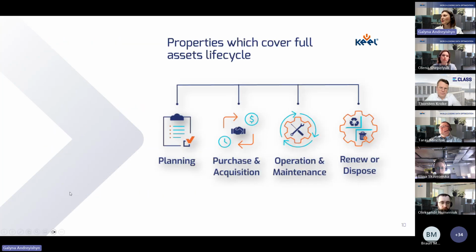One more thing I would like to mention, and we mentioned properties previously. ECLASS properties are not only created for a single task or a single department. They are designed to support the entire asset lifecycle. When classification is done correctly, the same structured data can be reused from planning to procurement, from operations to renewal.